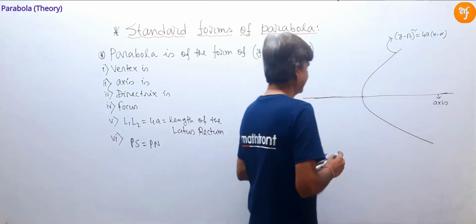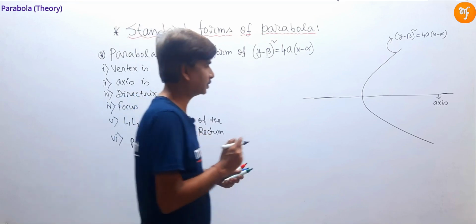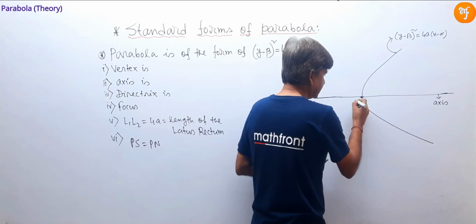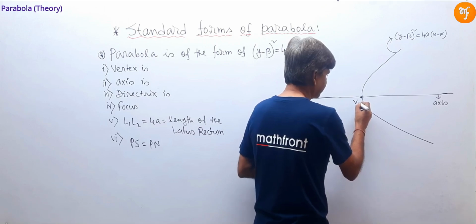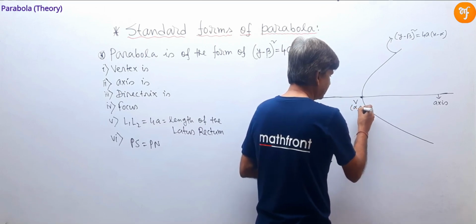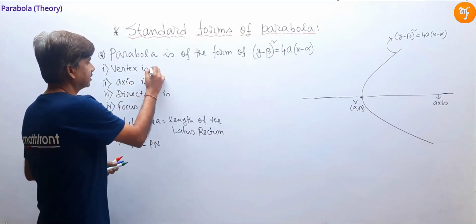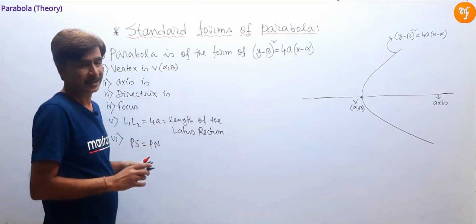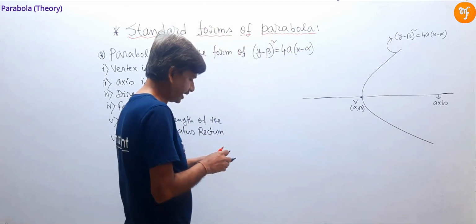Now this axis is not the x-axis, because this vertex, you can say this is V, is at alpha comma beta. So first of all, we should write the vertex is at V, which is alpha comma beta. Now this axis of the parabola is parallel to the x-axis.